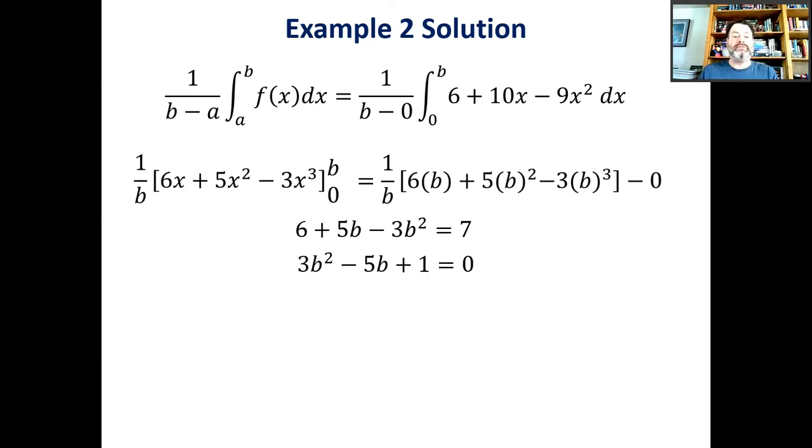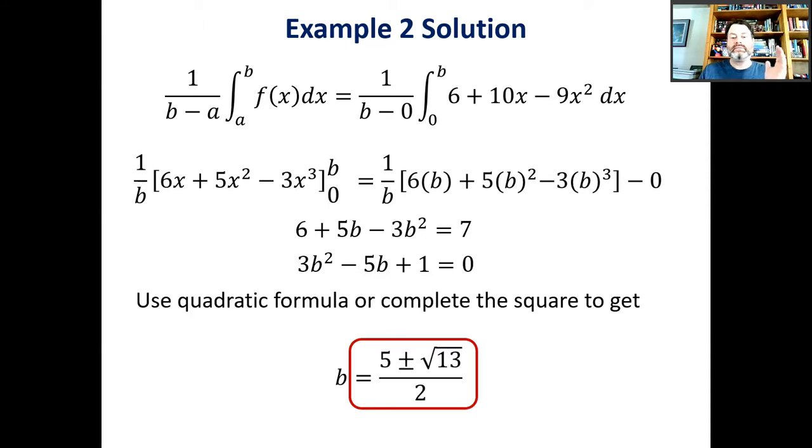So simplify, quadratic formula, or complete the square. Both of these are positive numbers. And you can see what's going on there, what it looks like. So that's it. Quick note about this problem.